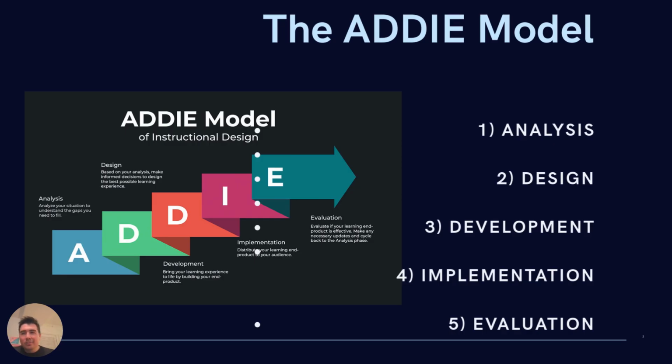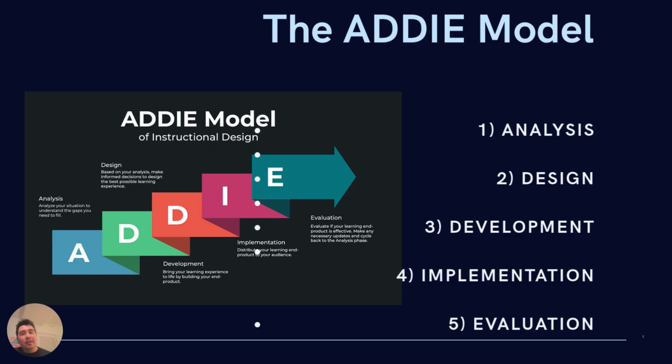To talk about its origin, originally it was developed in the 1970s by the U.S. military for training design. It serves as a foundational framework for most instructional design processes. The key components being analysis, design, development, implementation, and evaluation.